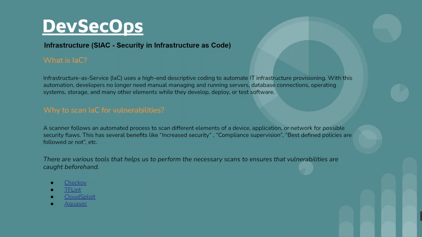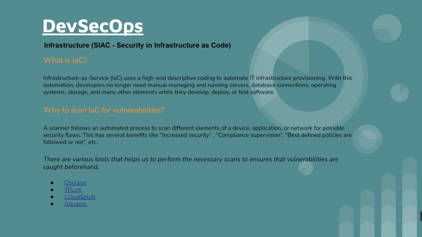In order to identify that, we have to perform some scan, right? And that's where SIAC comes into the picture. There are various tools available which allow us to perform the necessary scan, and if any loopholes are present, it gives the result after that scan, and based on that result we can take the corrective action.